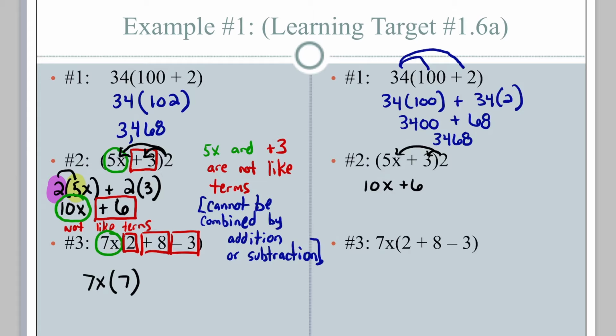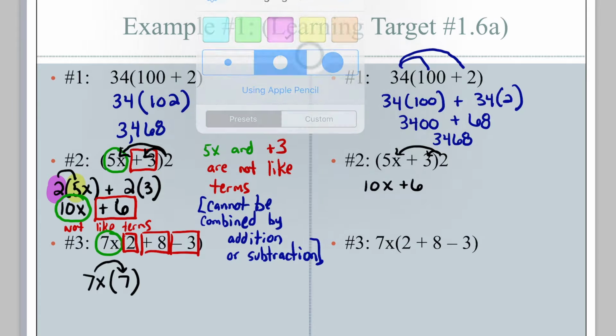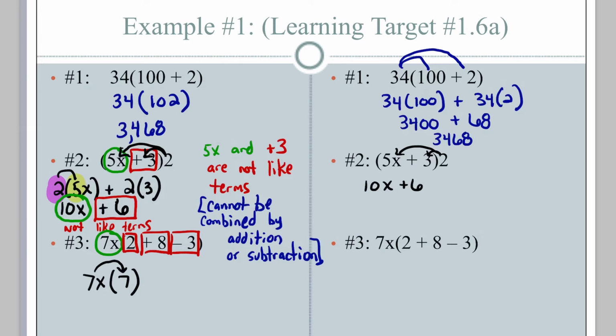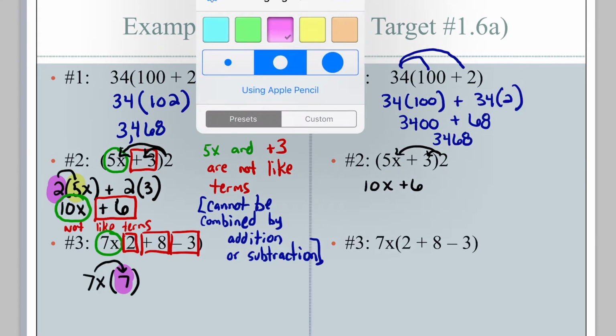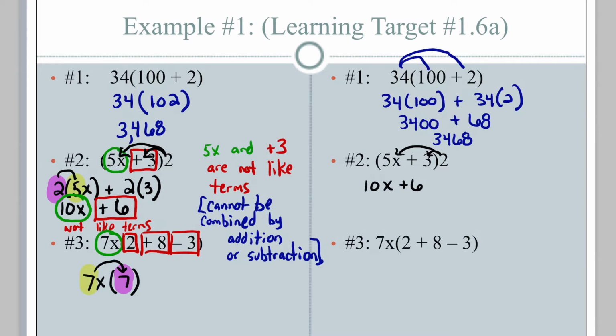And then I can just multiply the 7x times the 7. Now, technically, I am distributing here. Technically. And since I am distributing, I am multiplying. And once again, when we multiply with a variable coefficient, the coefficient times a constant, so I've got the 7, and then I have the other 7 as my coefficient.